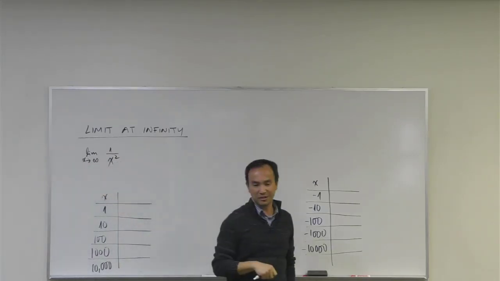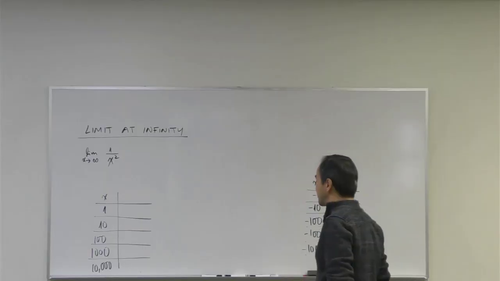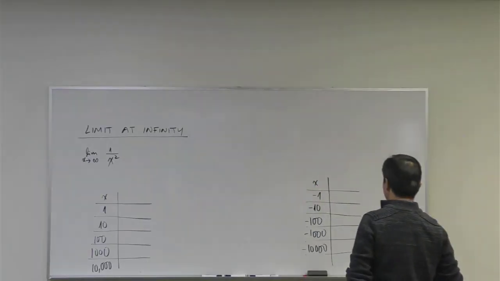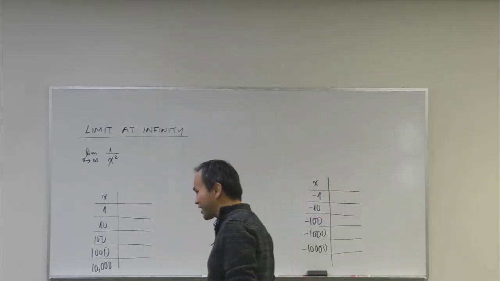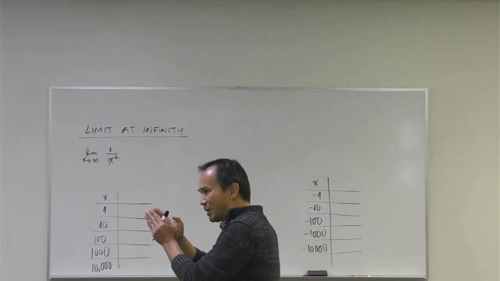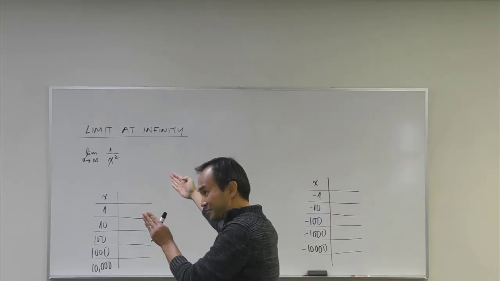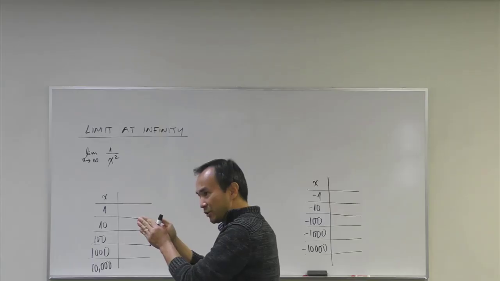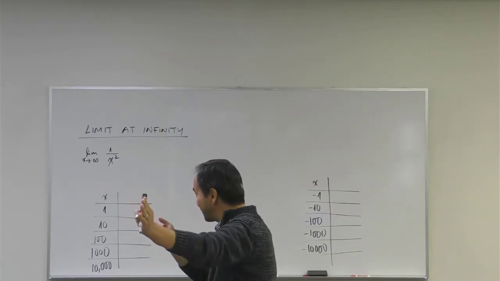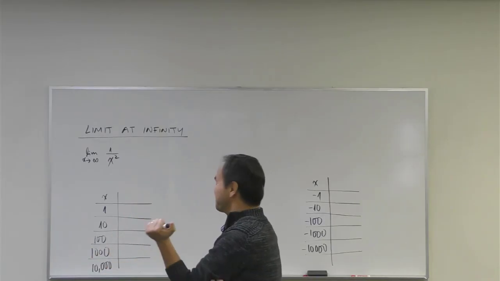Okay, so go ahead and write it down. And we're going to use table values to estimate, to predict. So it's not really a left side table or right-hand side. Now we're talking about going to the right, and we consider the right-hand behavior of your function, where it's going. And then on the other hand, we'll look at getting further and further to the left-hand side of your function. Okay. All right.